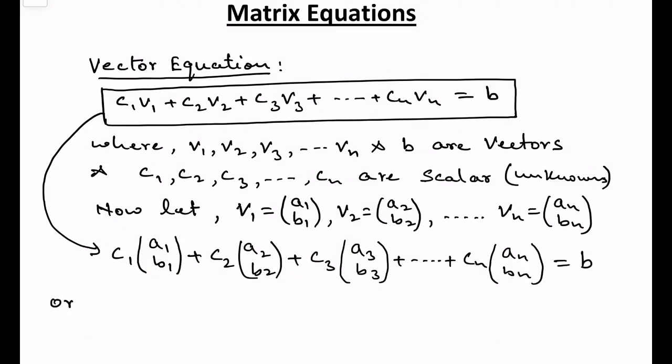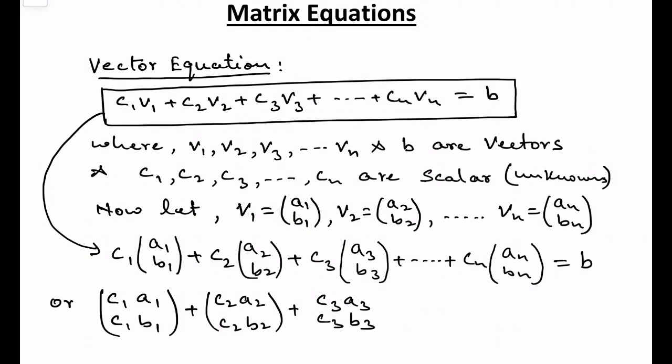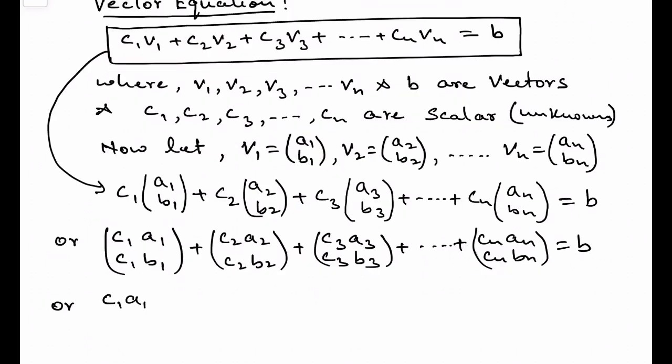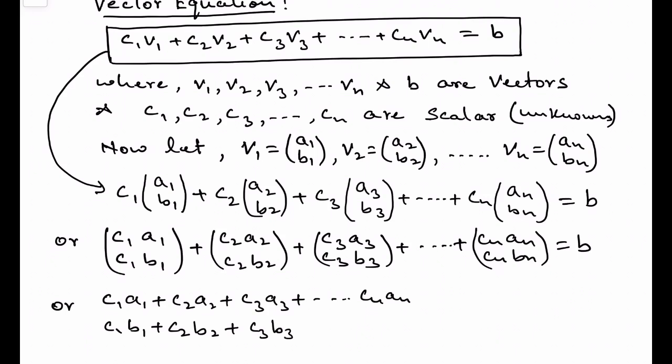Or (c1a1, c1b1) plus (c2a2, c2b2) plus (c3a3, c3b3) plus up to (cnan, cnbn) is equal to b. Now add corresponding terms and we will get (c1a1 plus c2a2 plus c3a3 plus up to cnan, c1b1 plus c2b2 plus c3b3 plus up to cnbn) is equal to b.